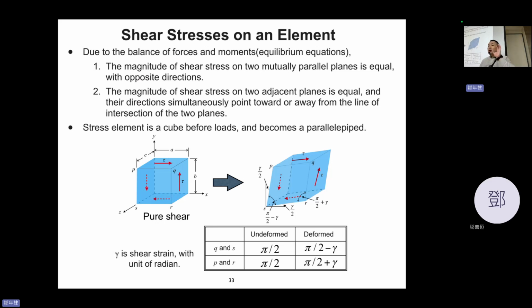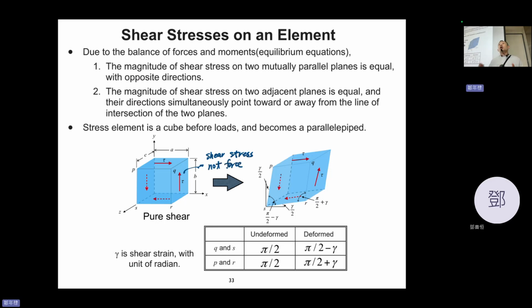So which means that, again, concept, if you have a material subjected to shear stress, and this material is still at equilibrium state, which means that the shear will always appear pairwise, 成对出现. Okay, and this tau, again, I need to tell you, this is a shear stress, not shear force.